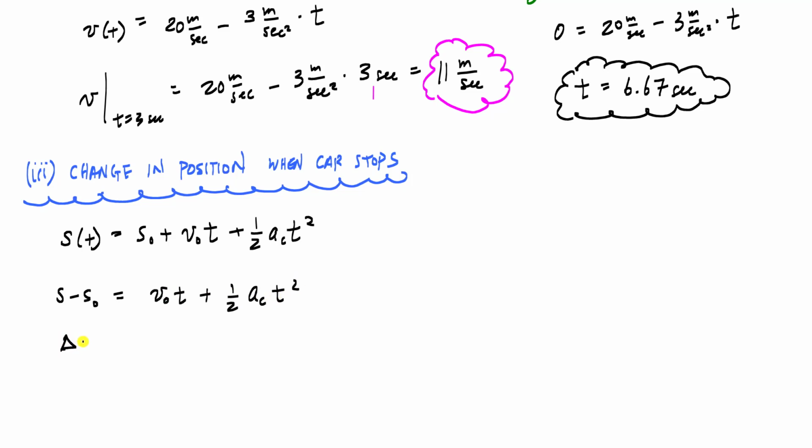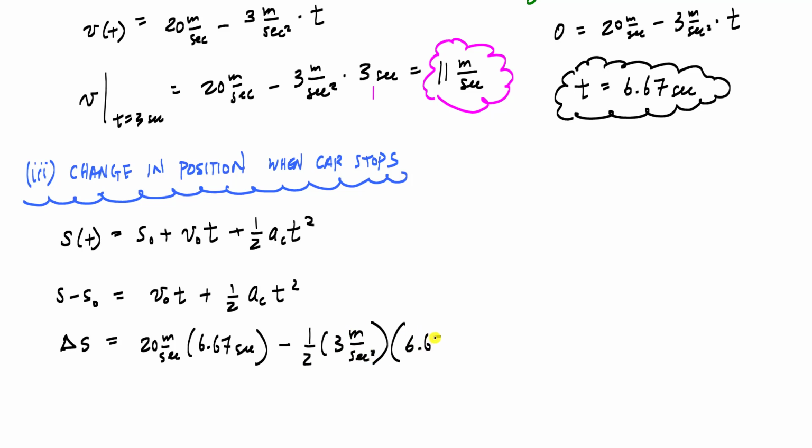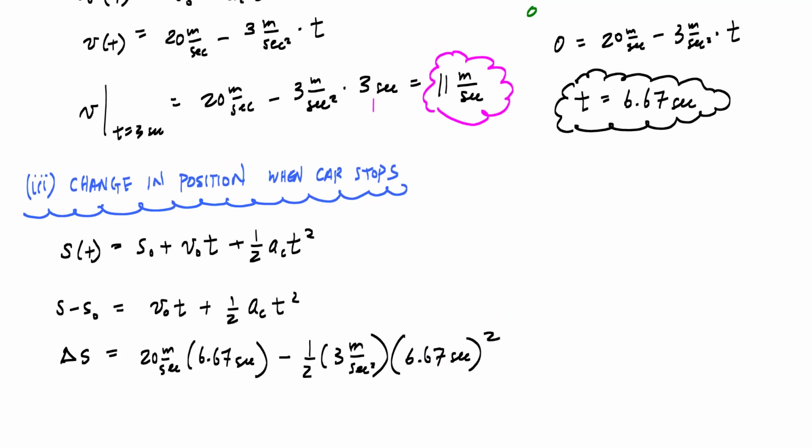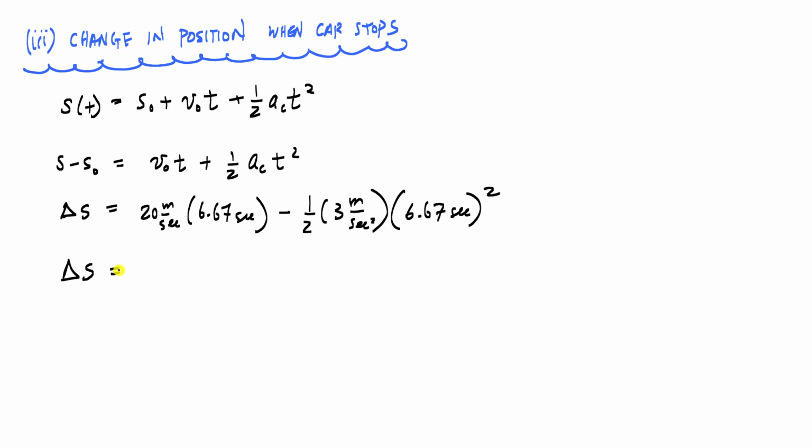So this change in position is equal to 20 meters per second times 6.67 seconds minus 1/2 times 3 meters per second squared times 6.67 seconds squared. And this will tell me that this change in position is equal to 66.67 meters. So that's one way to do it.